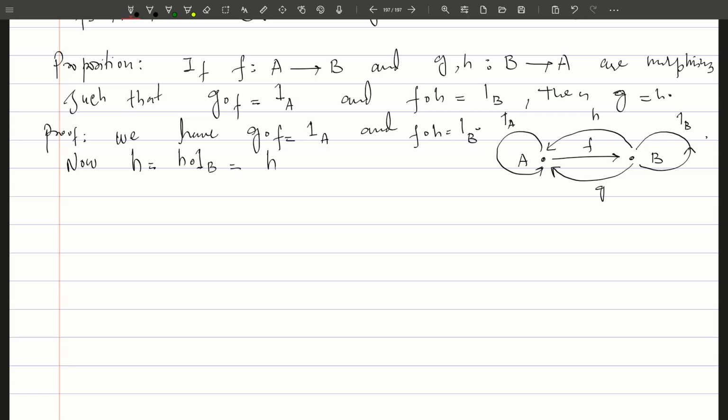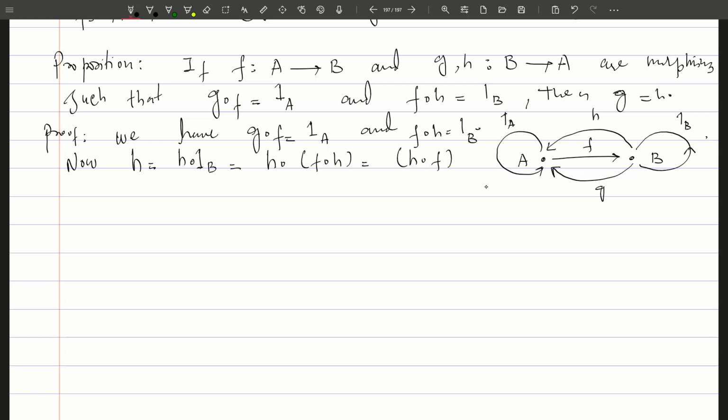So this is same as H composite. Now identity on B is same as F composite H. Since category respects the associativity of this composition, so this is equal to H composite F.